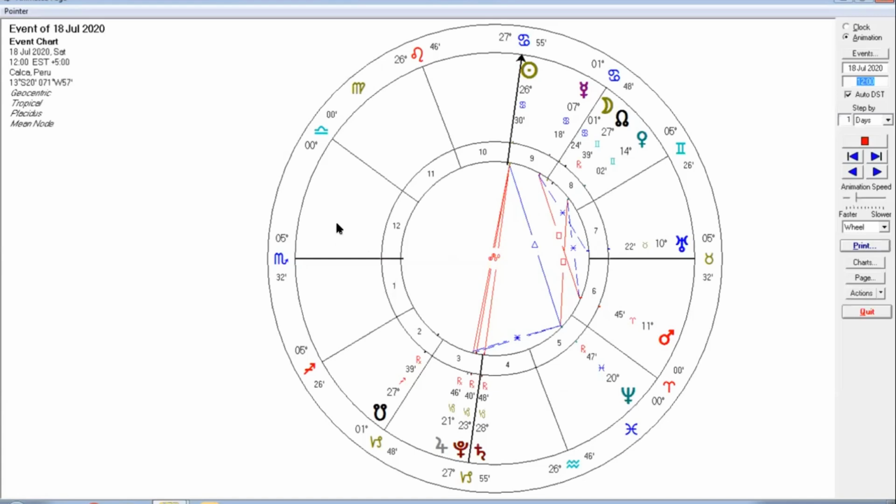Anything above the horizon was literally above the horizon in the sky when you were born, and everything under the horizon was under the earth when you were born.